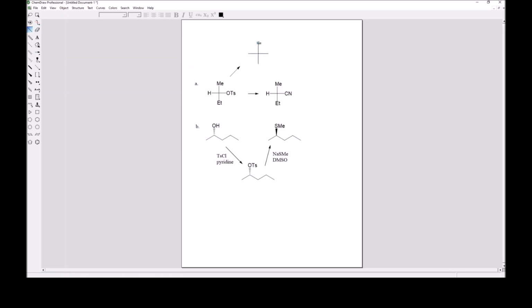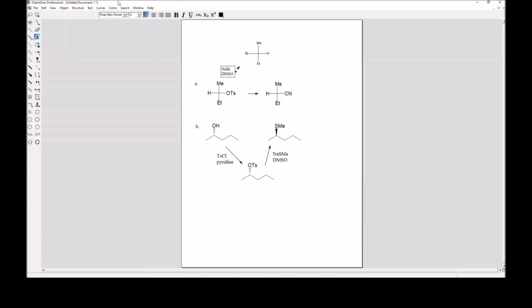So I'll have the methyl group up here and the ethyl group on the bottom. If I react this with, let's say, sodium bromide, the bromide ion will bump off the tosylate in an Sn2 fashion, and the bromide will end up over here, and that will cause the inversion of the stereocenter. So in the first step, we can add sodium bromide.